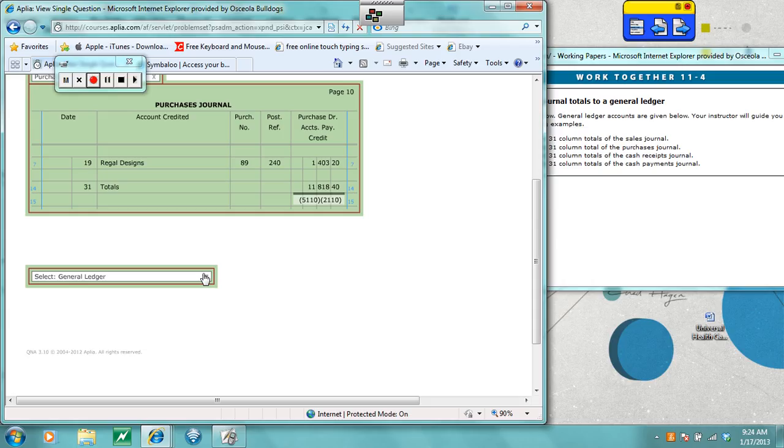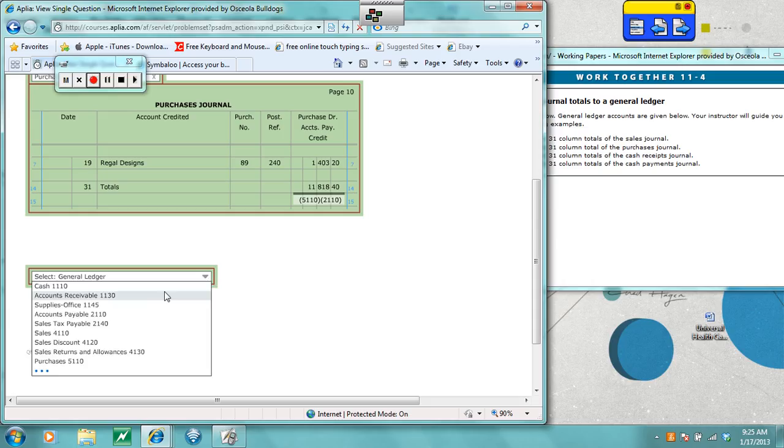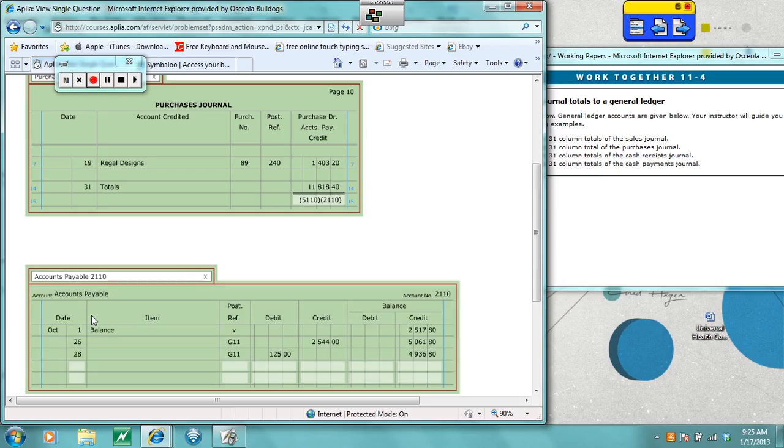You have to go now to the accounts payable. Okay, where's accounts payable? There it is. Sorry. 31st. P what? P10. Purchase journal 10. Accounts payable credit.